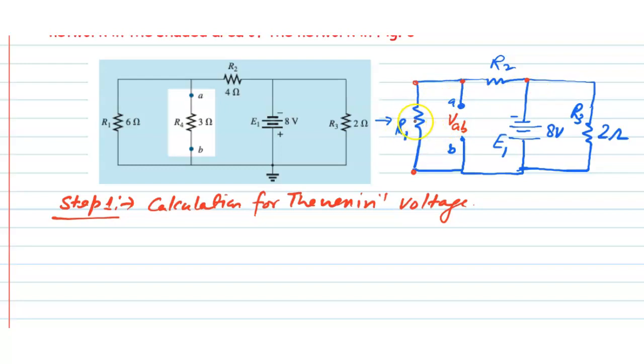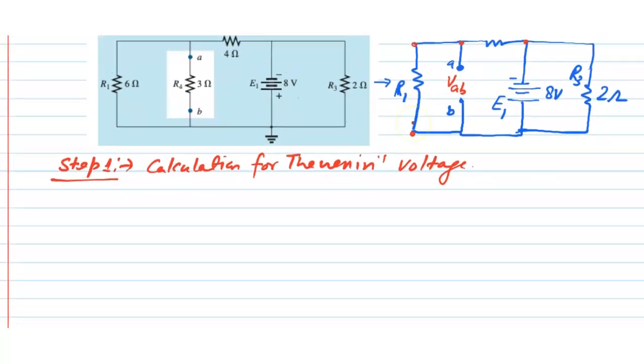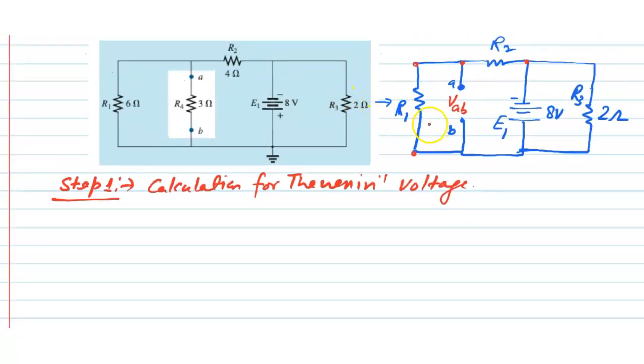So we have to find out the current flowing through this resistance R1 and then find out the voltage drop across this R1. Okay, let us assume that this resistance R1 is here and this AB is here.